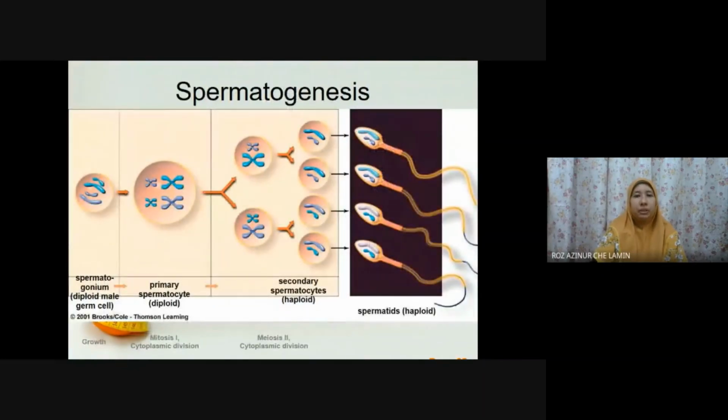Another importance of cell reproduction is spermatogenesis. Spermatogenesis is the process of sperm production.